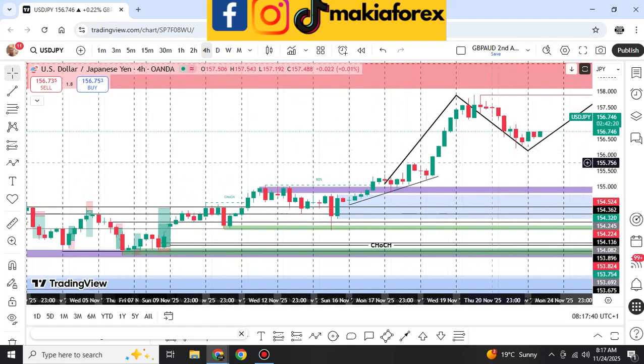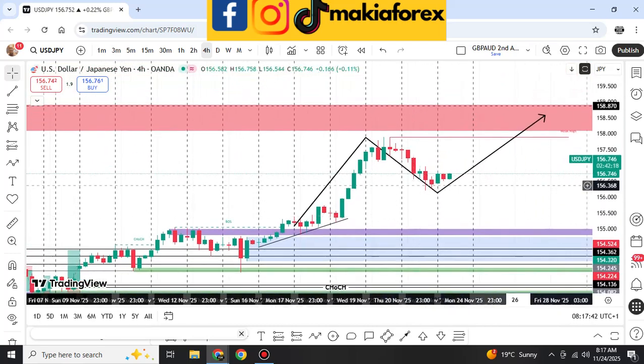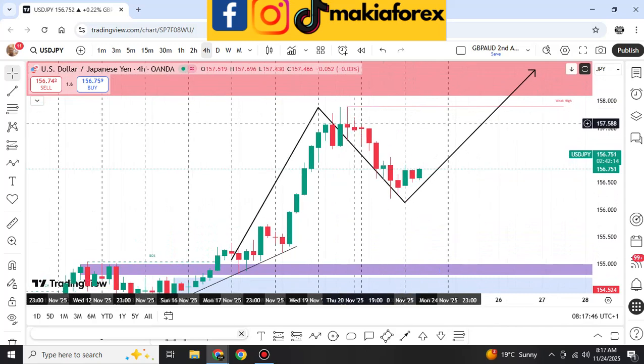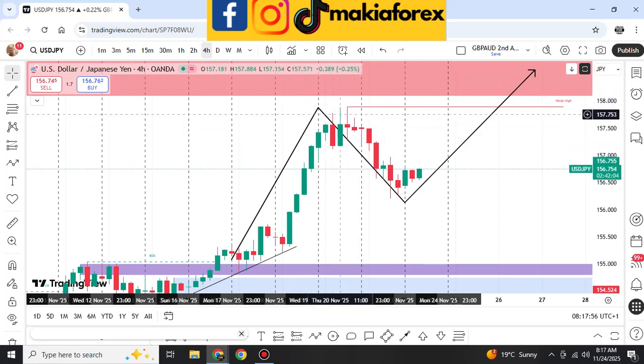So in the 4-hour time frame, we can see that on Thursday, we had a higher high formation on USDJPY, and market had tested a very strong sell zone, and there was a rejection. I think like 3 candles where we had sharp wicks on 3 candles, and that's why price dropped to the downside.